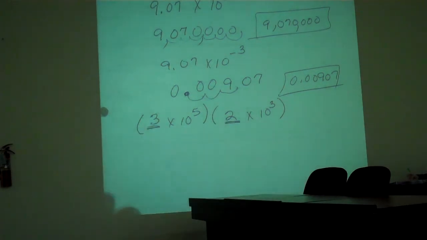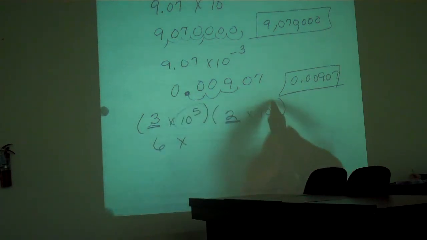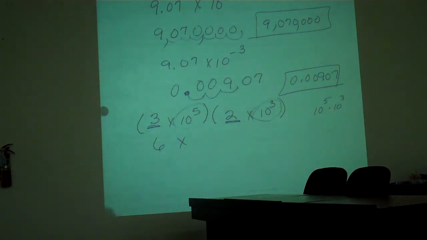You just do the 3 times 2, and you get 6. What did we do when we multiplied? We had like bases. You add the exponents, right? So you have 10 to the 5 times 10 to the 3rd power. 10 to the 5 plus 3 is 8. So that's your answer right there.